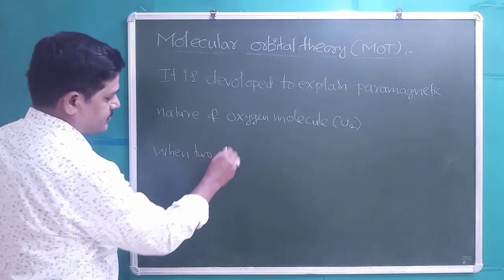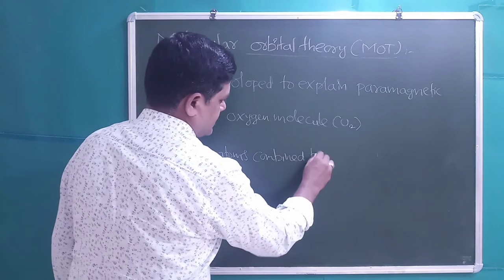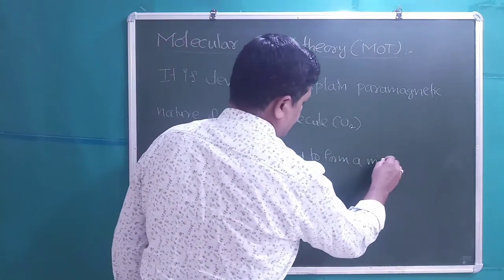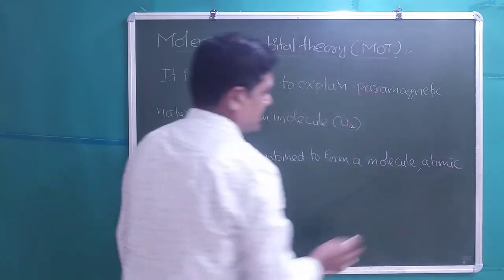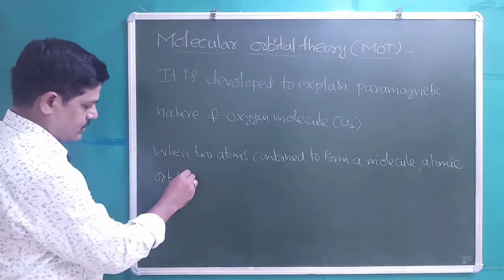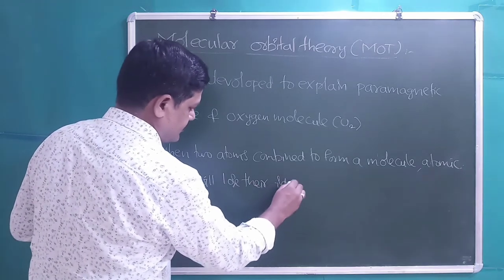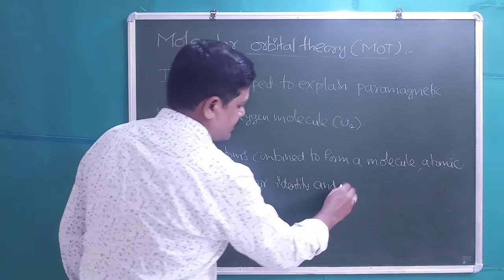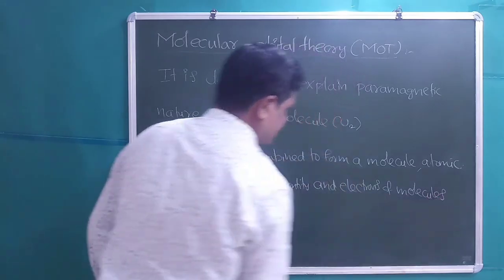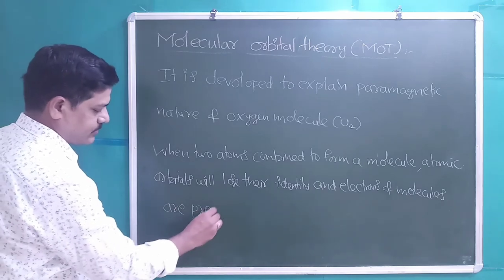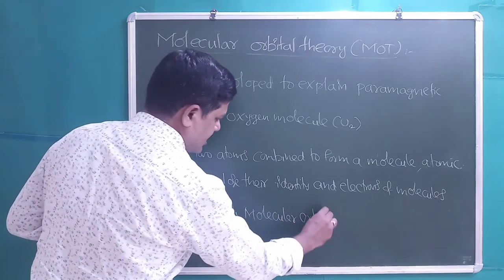When two atoms combine to form a molecule, atomic orbitals will lose their identity and electrons of molecules are present in molecular orbitals.